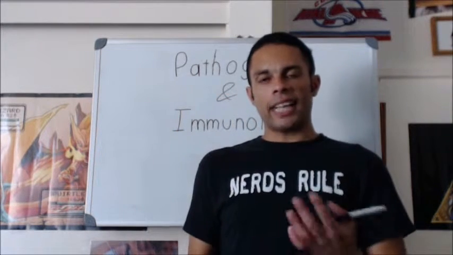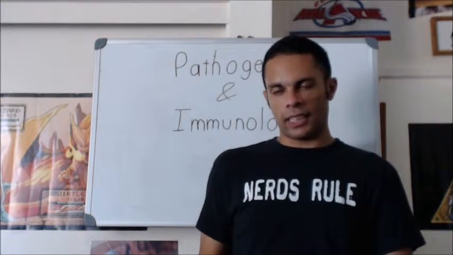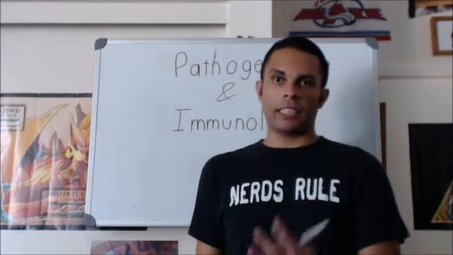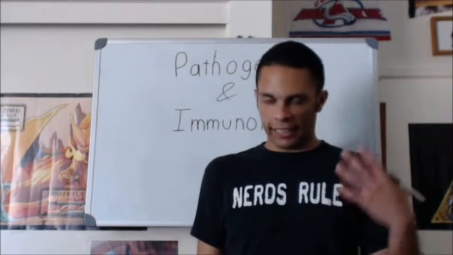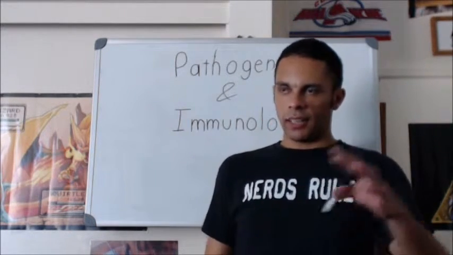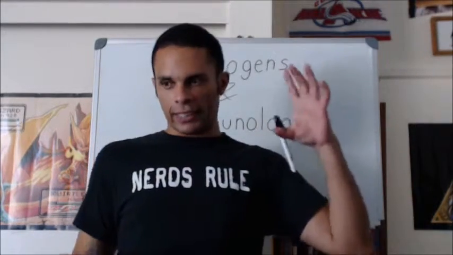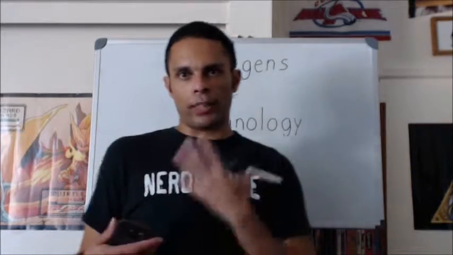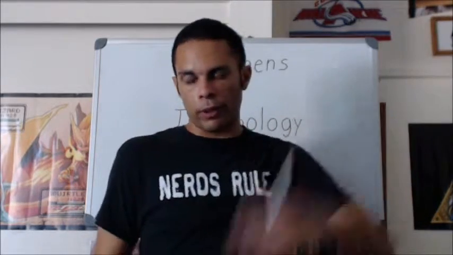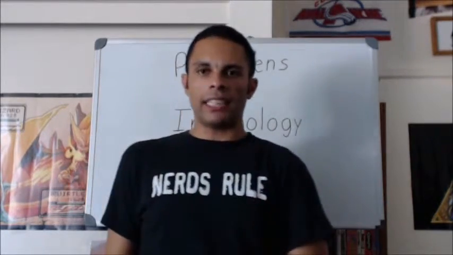So note that it says infectious agent. This is why pathogens can be considered both protein, like those evil robots, genetic information, like RNA, as well as viruses that are weird, as well as the actual living ones, which can range from large to small. So this is what defines a pathogen.